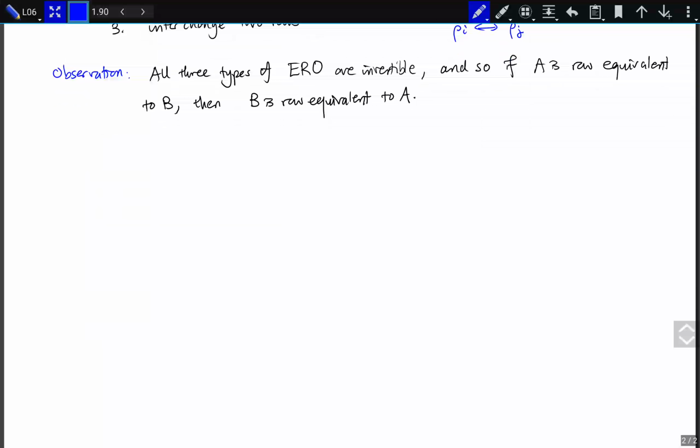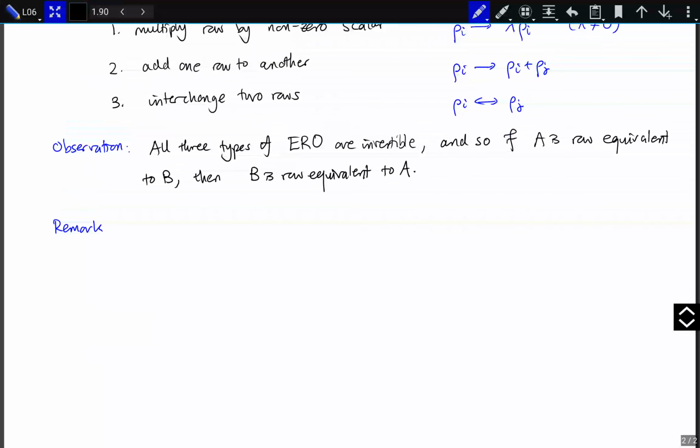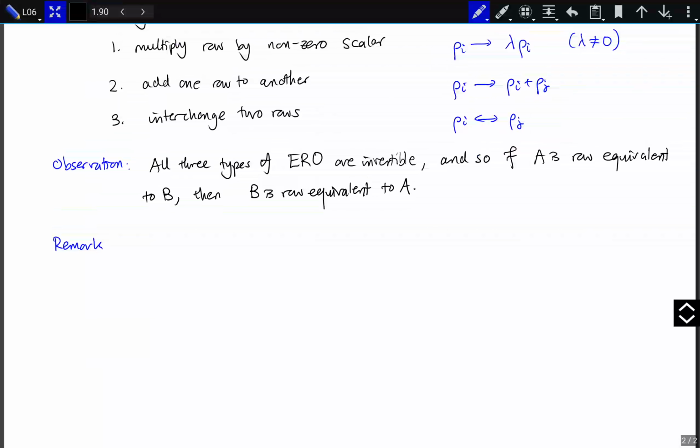As a remark, you're only supposed to perform one elementary row operation at a time, but there are some standard combinations.